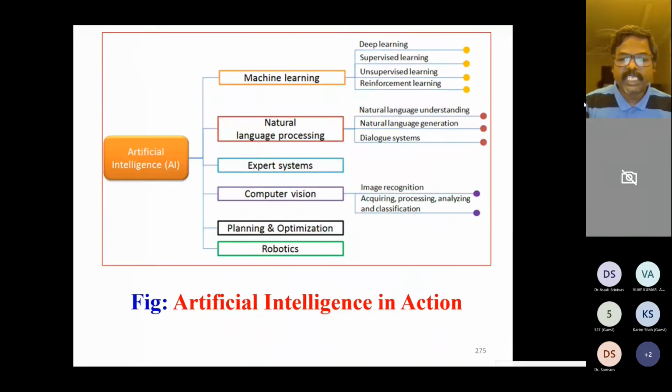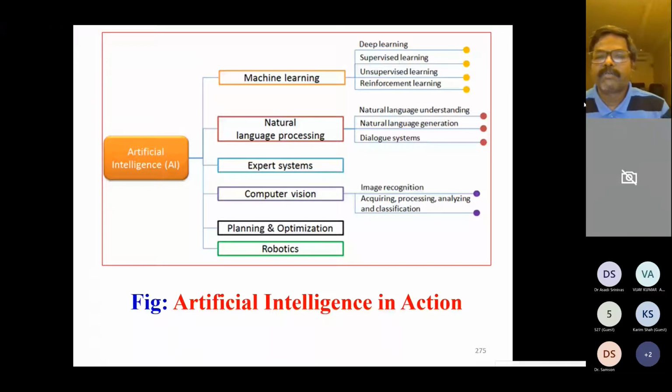If you see artificial intelligence in action, it uses machine learning techniques, natural language processing techniques, expert system techniques, computer vision techniques, planning and optimization techniques, and robotics. In machine learning, we are again deriving deep learning techniques, supervised learning, unsupervised learning, and reinforcement learning.